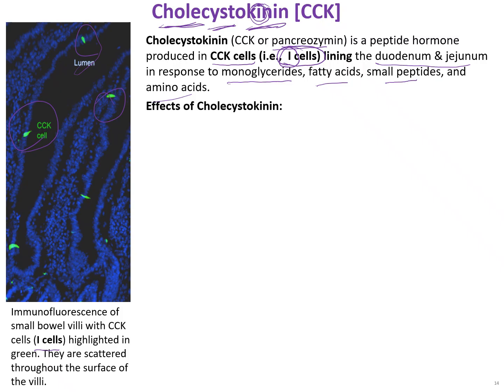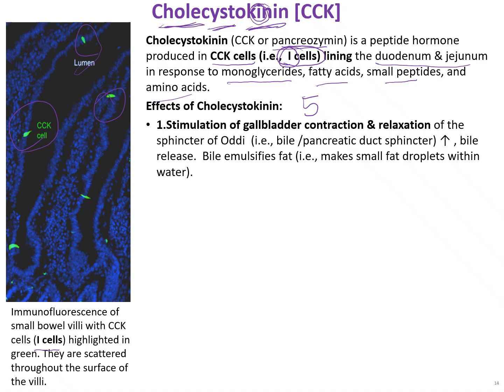So what are the functions of cholecystokinin? There are five major functions. By name itself, it causes movement of the gallbladder. That means it stimulates gallbladder contraction and relaxation of the sphincter of Oddi, that is the bile and pancreatic duct sphincter, and it increases bile release.